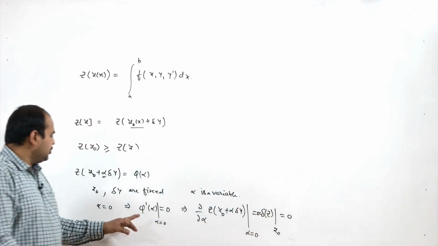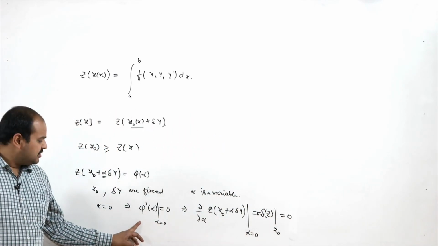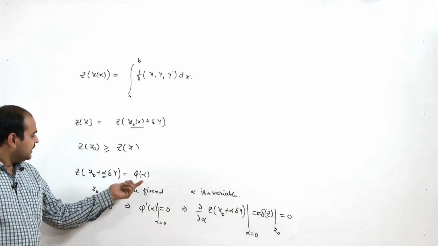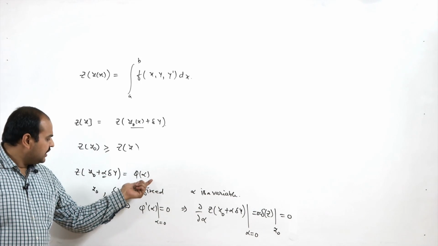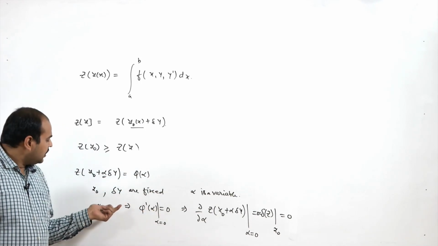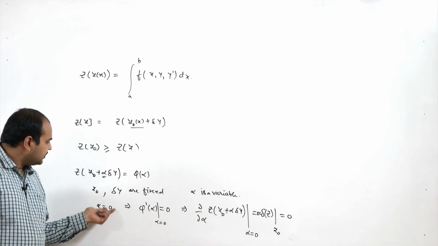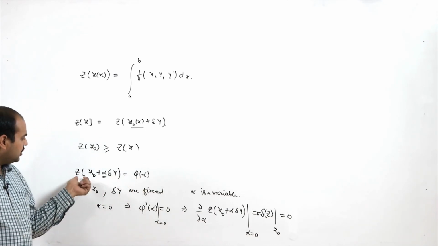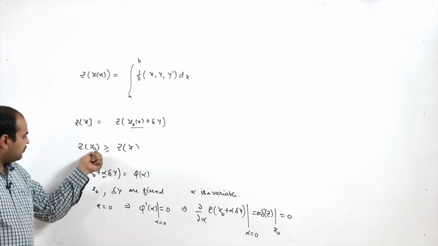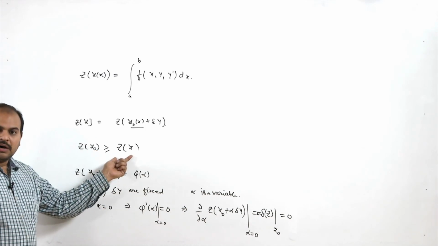So, using the theorem for functions, we have shown that this functional is equal to phi of alpha at alpha equal to 0, since it is achieving the maximum, because at alpha equal to 0 this reduces to z of y naught, and z of y naught is a maximum of this functional.